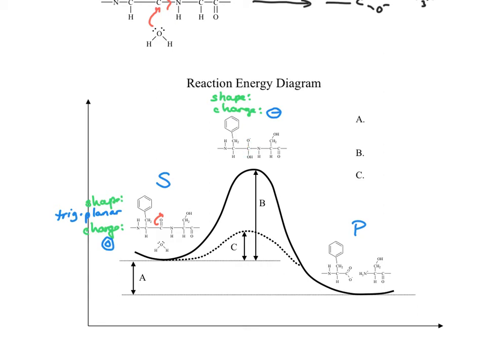In fact, what that is going to be is tetrahedral. Okay, for both charge and shape, there's a difference between the substrate and what we see at the top of the hill here. And the tetrahedron and the negative charge are very unstable.